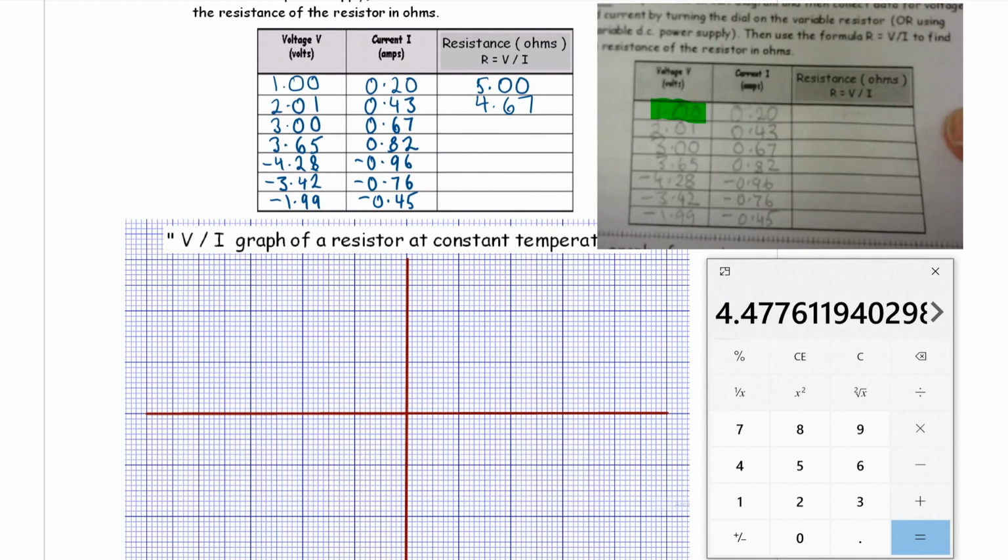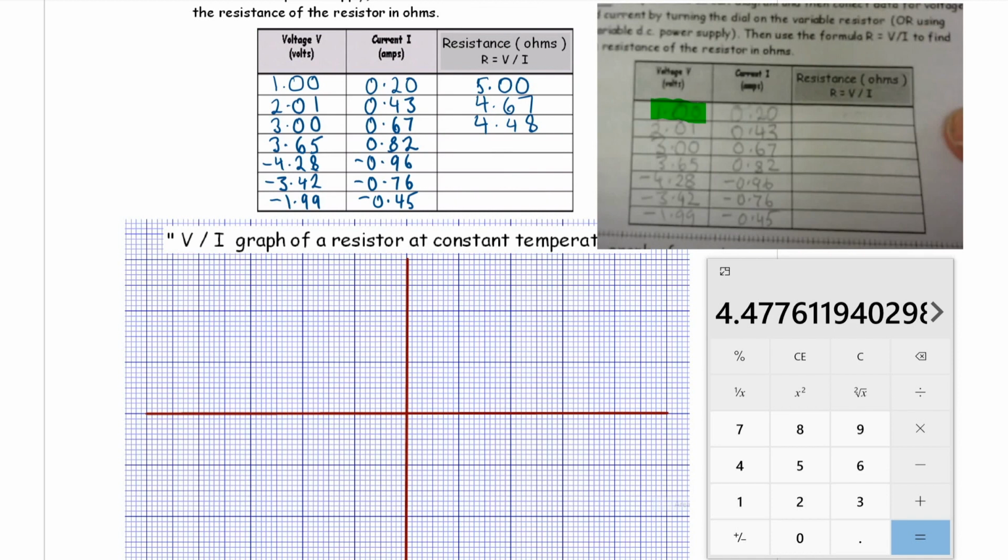That comes to 4.48. So what you see in here is that the resistance is pretty much staying constant. There's a slight decrease, and that's probably to do with perhaps a change in temperature or just possibly accuracy in readings.